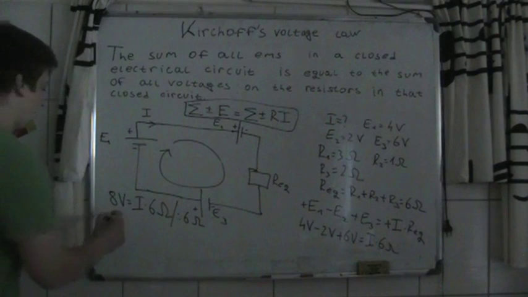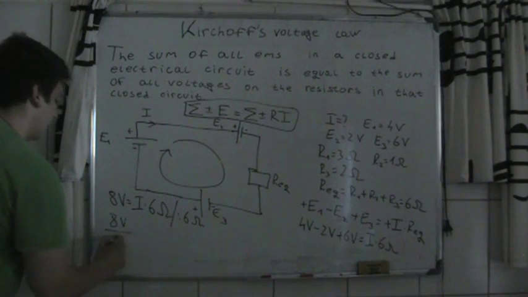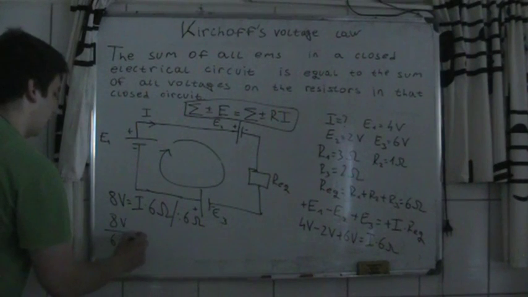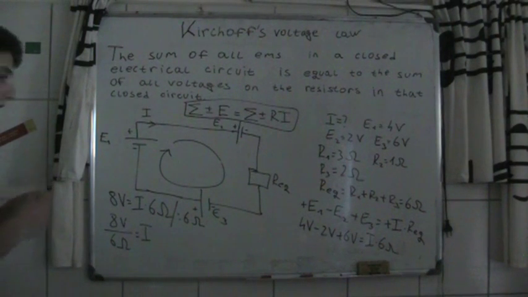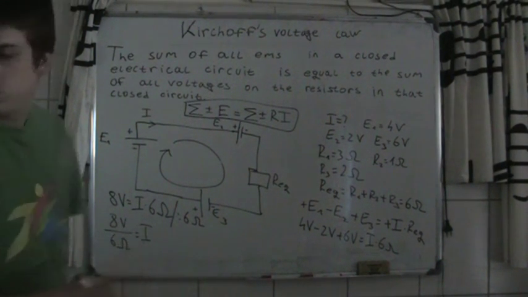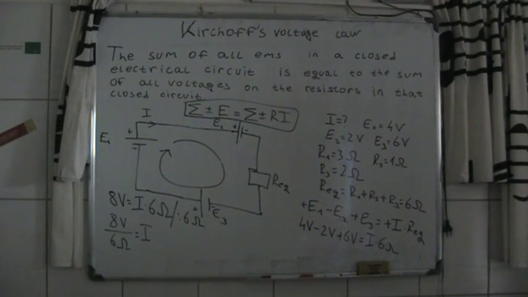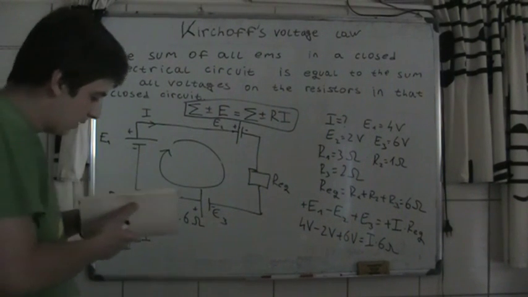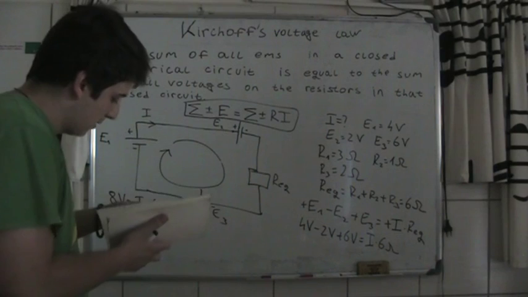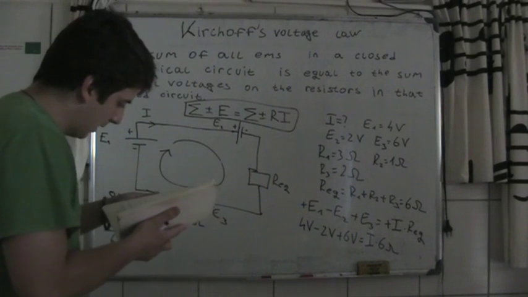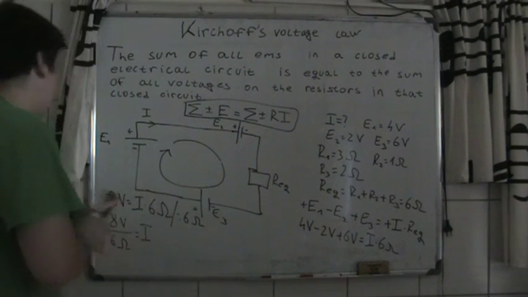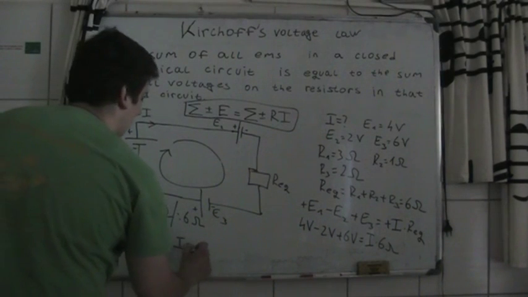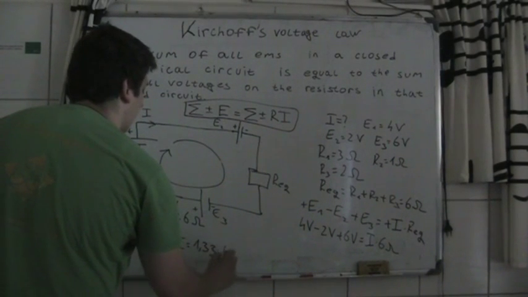Now, on the left you have 8 volts divided by 6 ohms, and here you just have I. So I is equal to 1.33 amps.